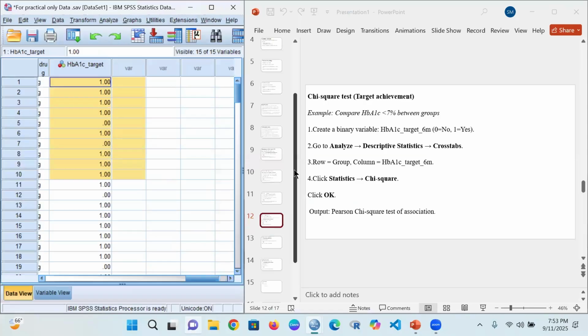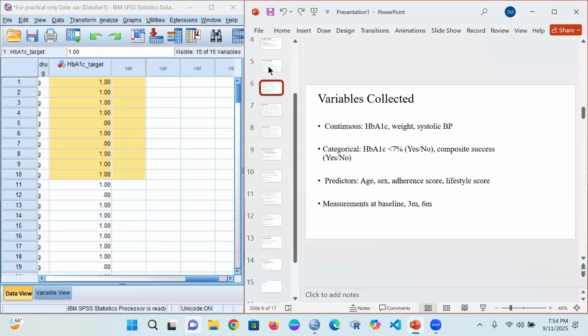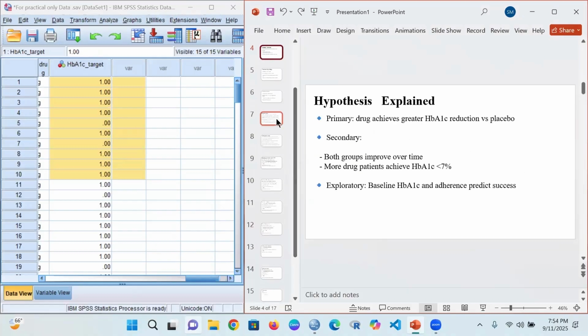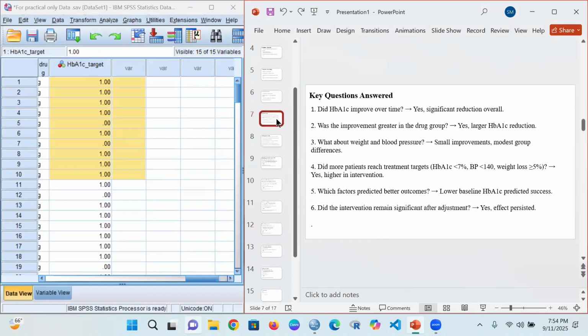So next we go to, what question in our questions which we had, let me bring back the questions which we are trying to answer. So here the question number 4: Did more patients reach treatment targets? So HbA1c less than 7.